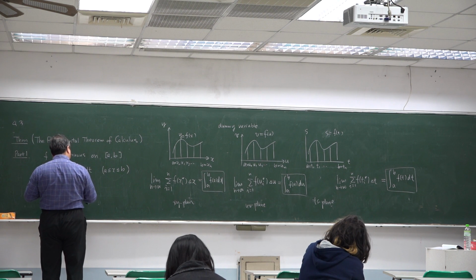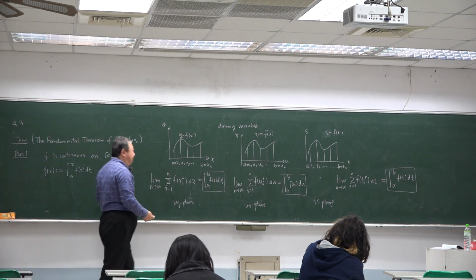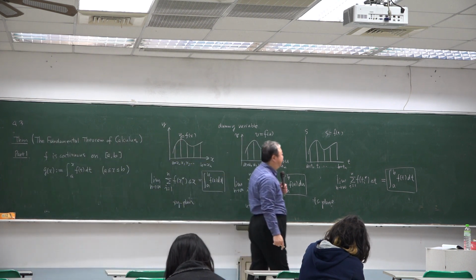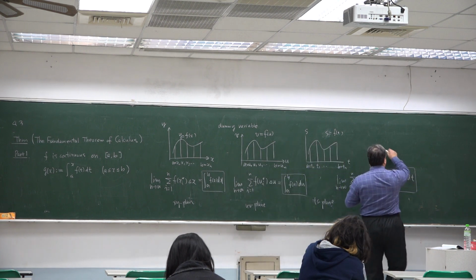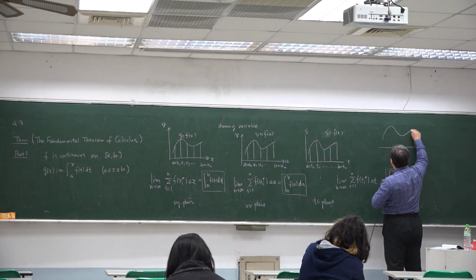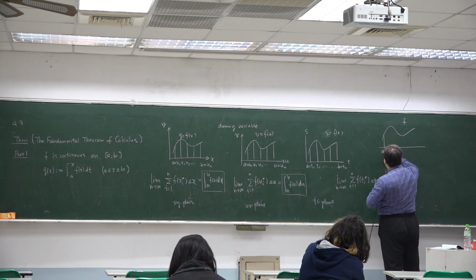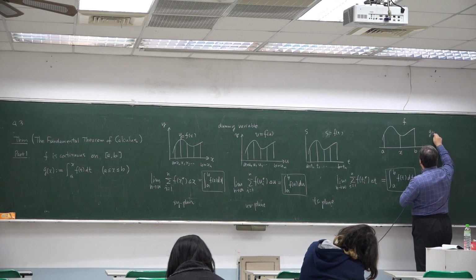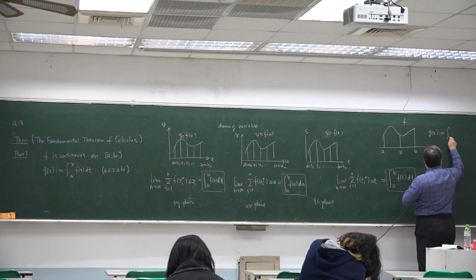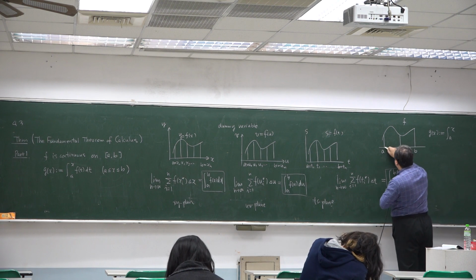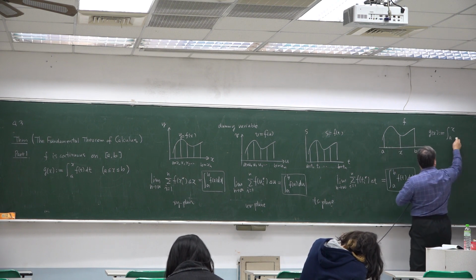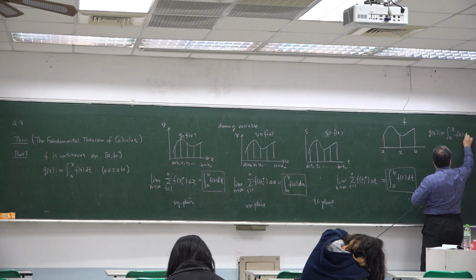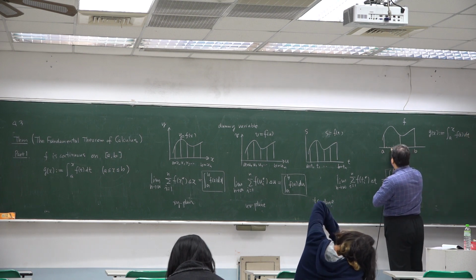What is G? For any x between A and B, G of x is defined to be the integral from A to x of f of t dt.